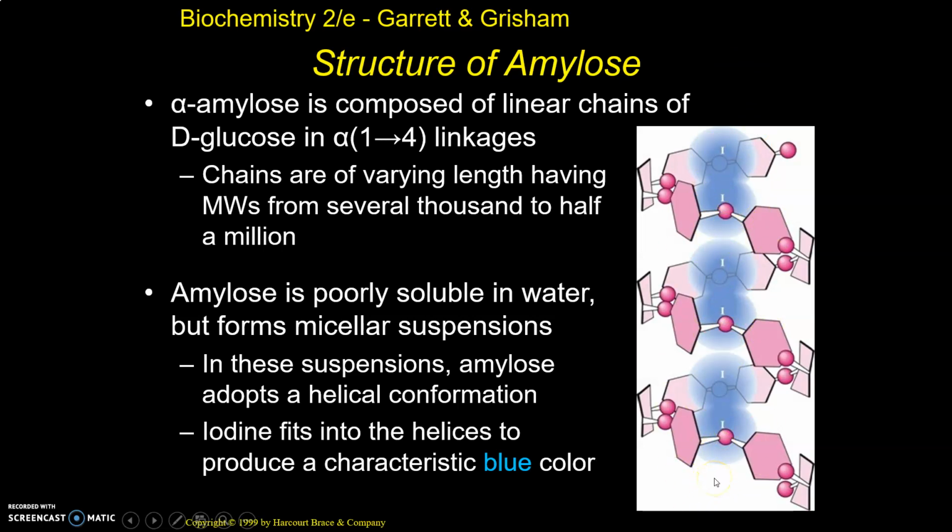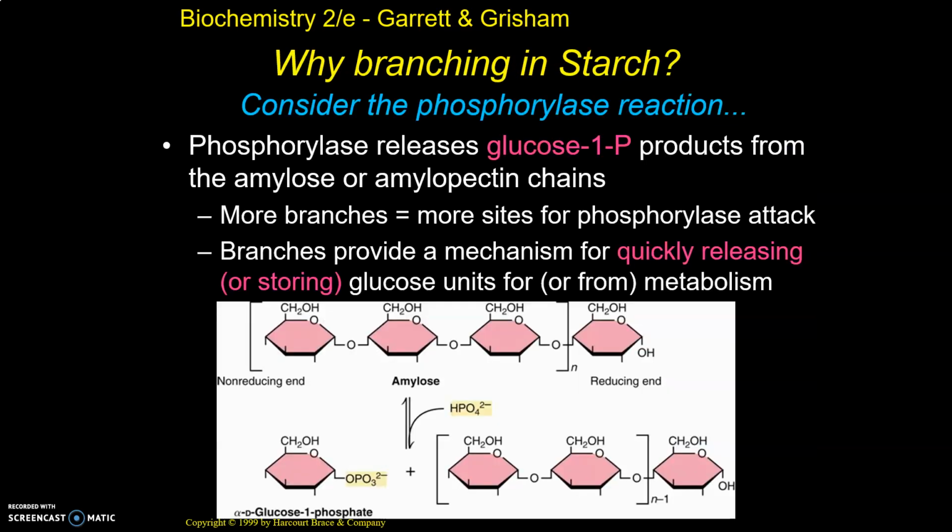And when it does that, it gives it a blue color. So that's how we actually test the presence of starch: we add some potassium iodide to our solution, and if it starts turning blue when we add it, then we know that it's got starch in it, right? So just thought I'd tell you that in case you've ever done an experiment like that.